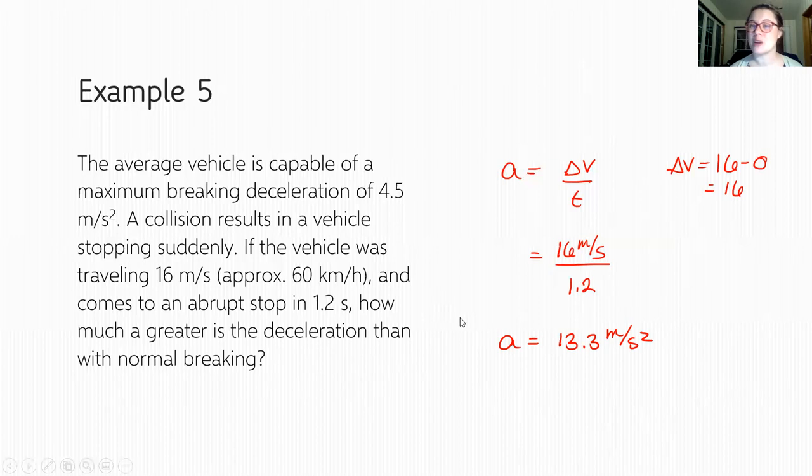So that's one of the reasons why cars are developed with safety features, to make the acceleration during an accident as small as possible to reduce injury, or at least help minimize some of the injury that would happen if they didn't have a safety mechanism in place.